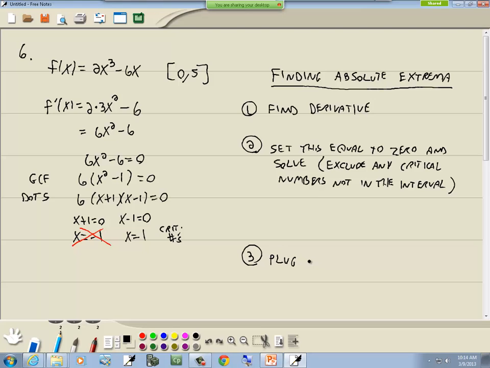Step 3. Plug in the remaining critical numbers and the endpoints into the original function.